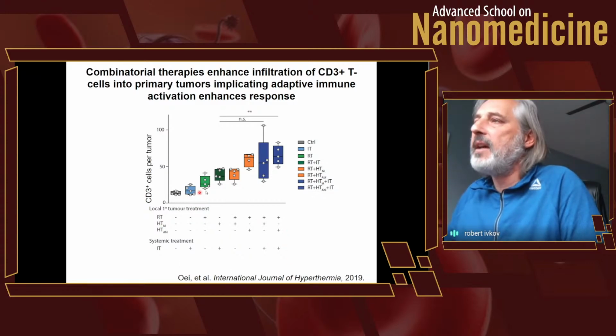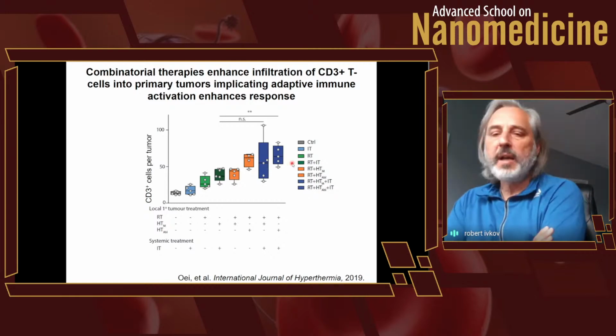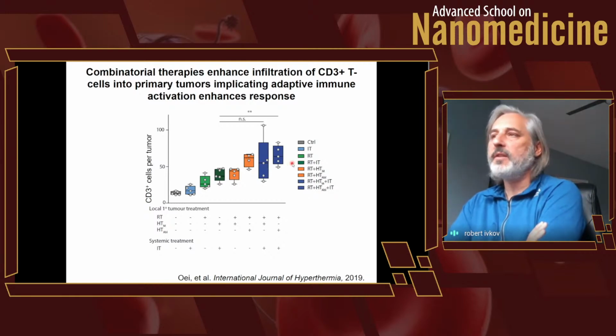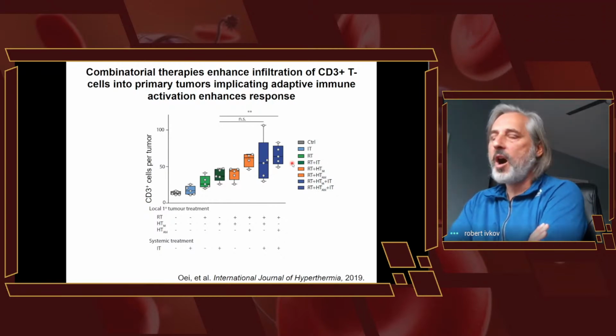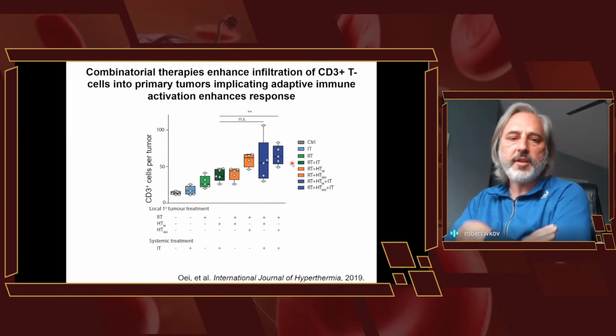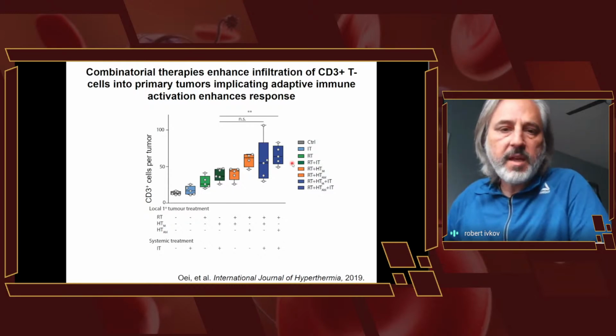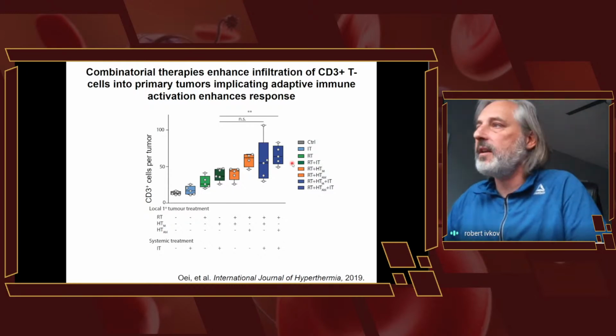You can see that as we increase the combination treatments, we basically are seeing an increased infiltration of T cells at the endpoint. And so what this tells you is that these combination therapies are more immunogenic. They are actually causing more stimulation of the adaptive immune system in response to the treatment. And I think that's very interesting.